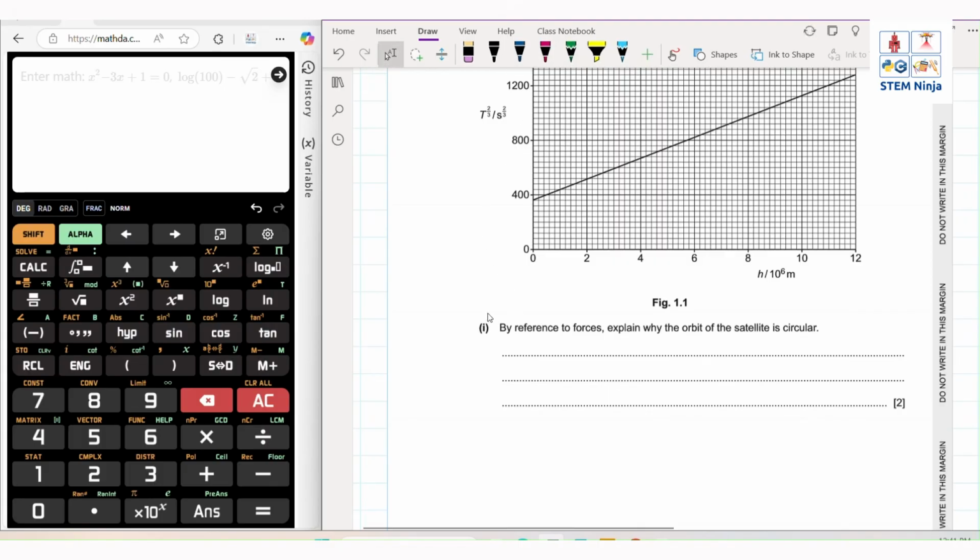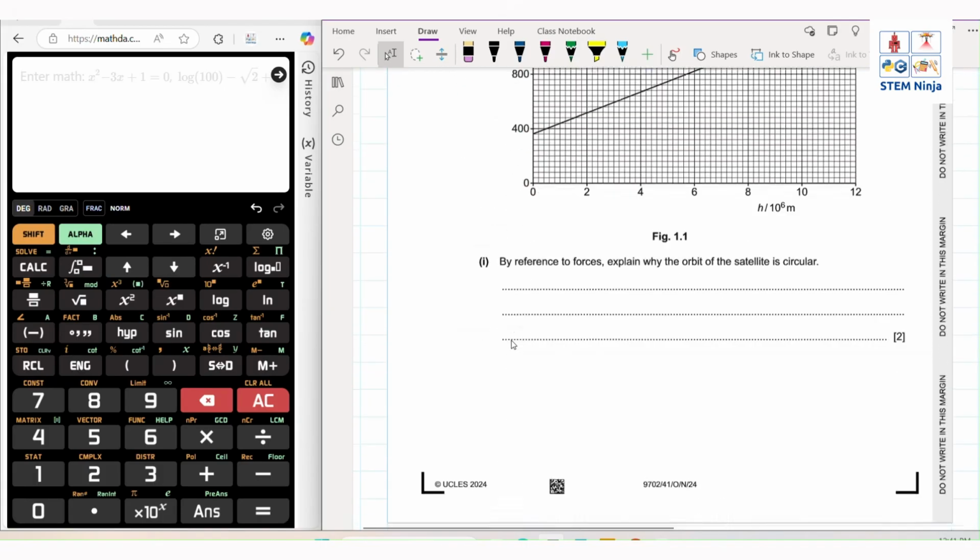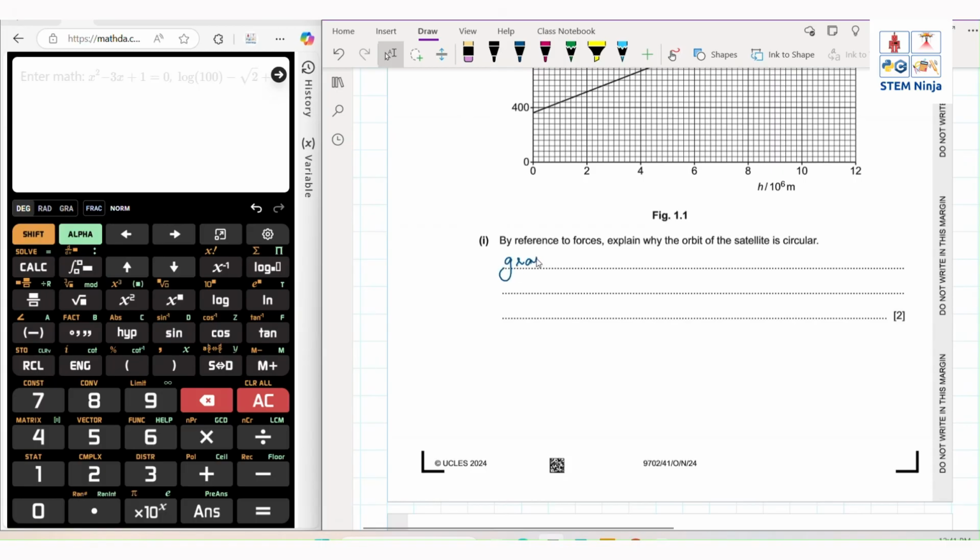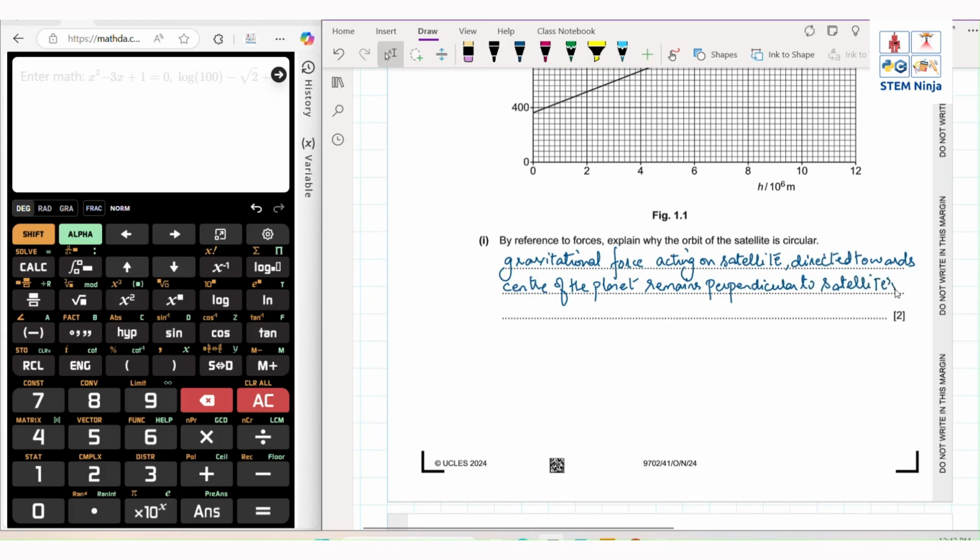So we can say that the gravitational force acting on the satellite, directed towards the center of the planet, remains perpendicular to the satellite's velocity.